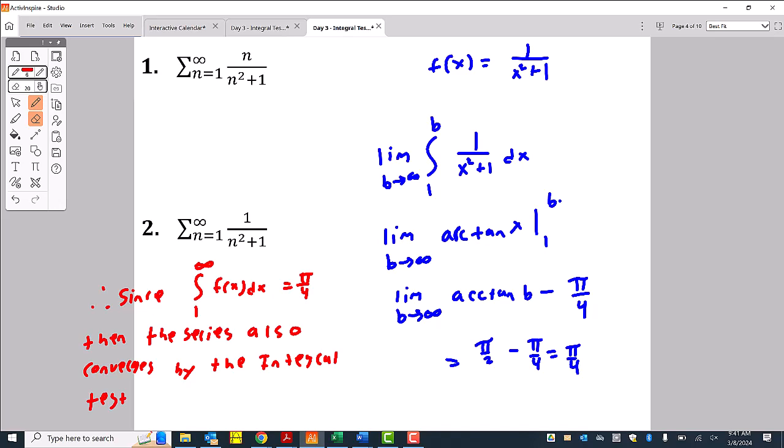Okay, the series also converges by the integral test. That's it, just doing the integral.